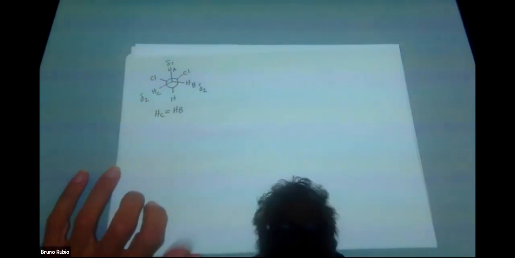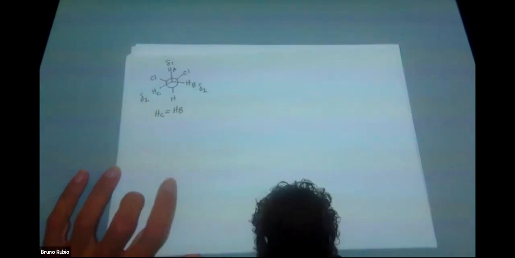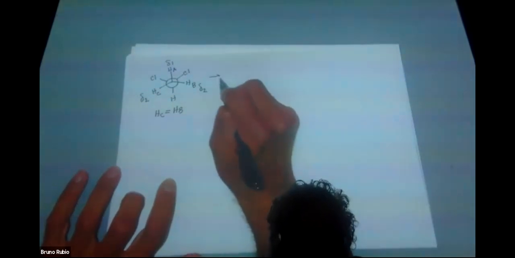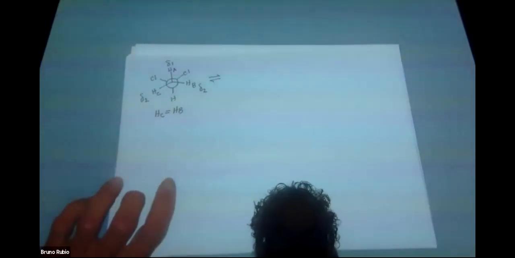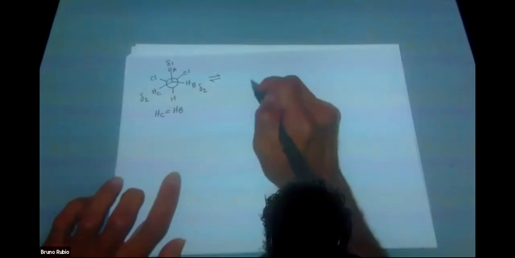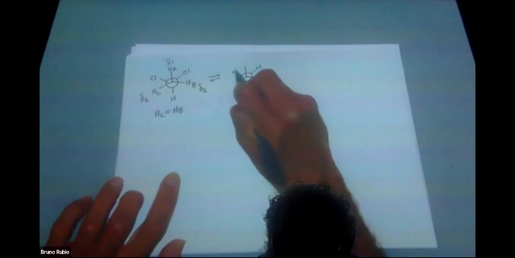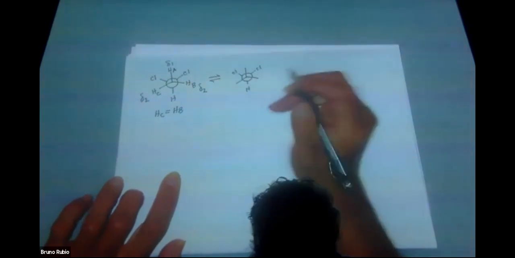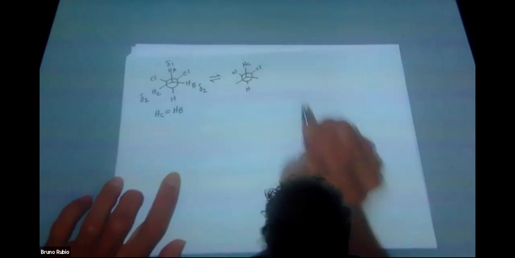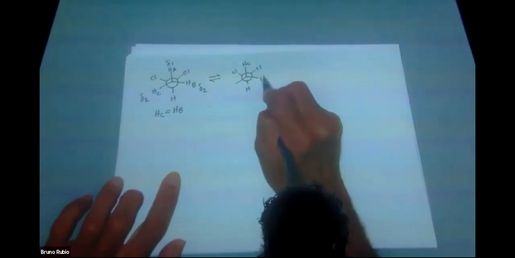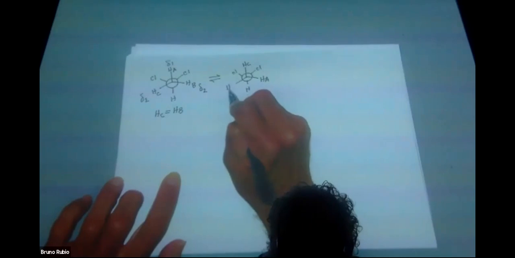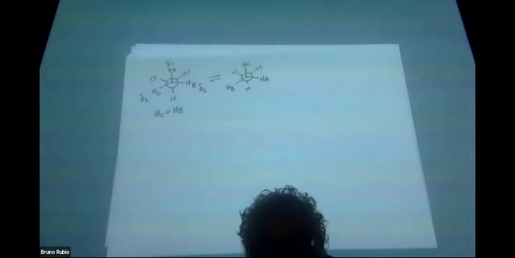But we know that the carbon-carbon single bond rotates, right? And very fast, billions of times per second at room temperature. So we look in on this Newman projection a billionth of a second later, and what has happened here is now HC has come up here to 12 o'clock, HA is down here at 4 o'clock, and HB is over here at 8 o'clock.